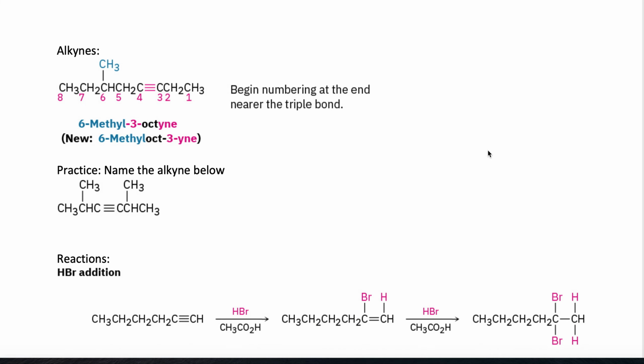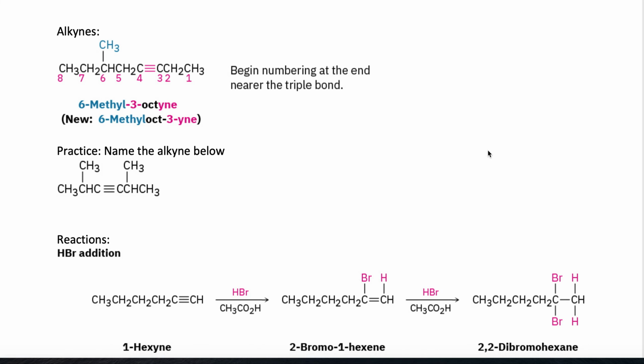Now we're moving on to alkynes with naming. Similar to alkenes, we put the numbers starting on the side that's closer to the triple bond. 1, 2, 3. We got a triple bond starting with carbon number 3. 4, 5, 6, 7, 8. All right. So at number 6, we have a methyl.